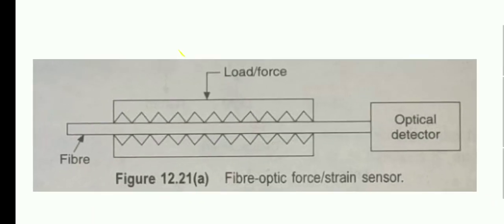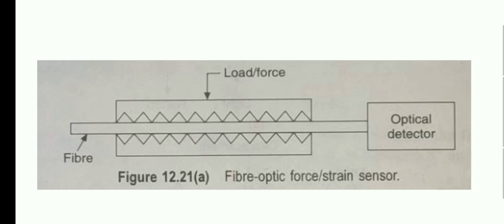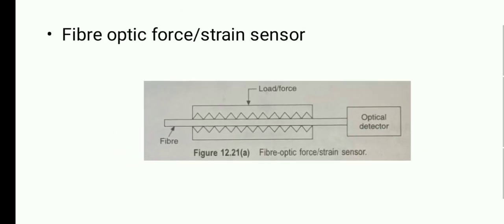As you can see here, it is a microband sensor used to communicate strain to the fiber by applying mechanical force. This force or strain sensor acts as a point sensor. That is, it can sense the force or strain at a particular point.